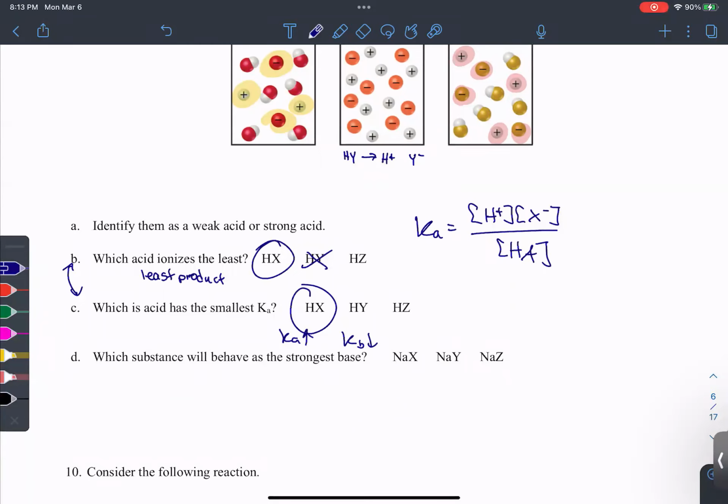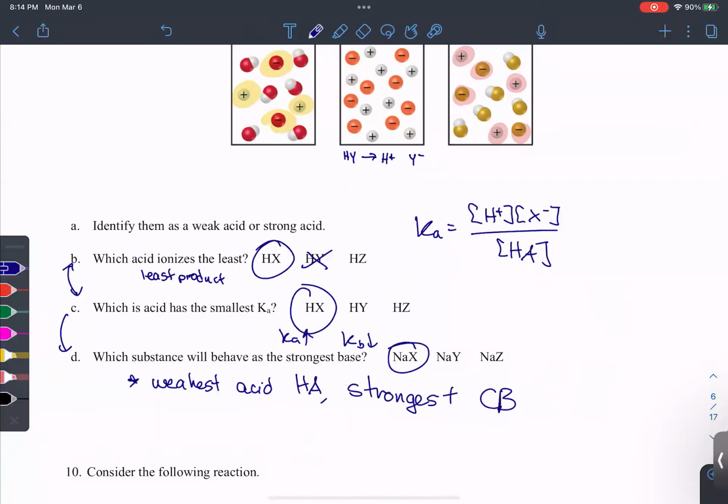So based upon this question, it's essentially asking which acid is the weakest acid, because it's looking for the strongest base, so the answer will be NaX. So essentially the weakest acid, HA, will have the strongest conjugate base, A minus in this case.